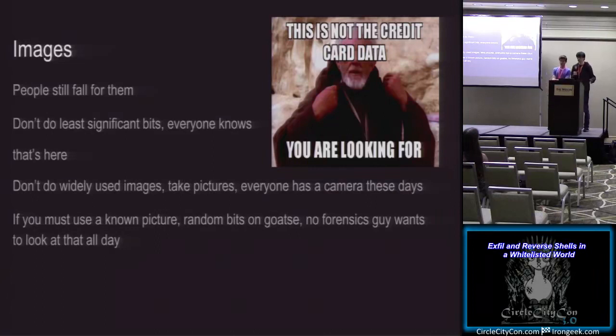So least significant bits is a bad idea, because that's the first thing you do if you're doing a CTF problem about steganography and you get an image, you're going to look for least significant bits. Everyone looks for that, so you need to try something else. Basically anything, as long as it's not well known, not looked for, then people aren't even going to suspect it.